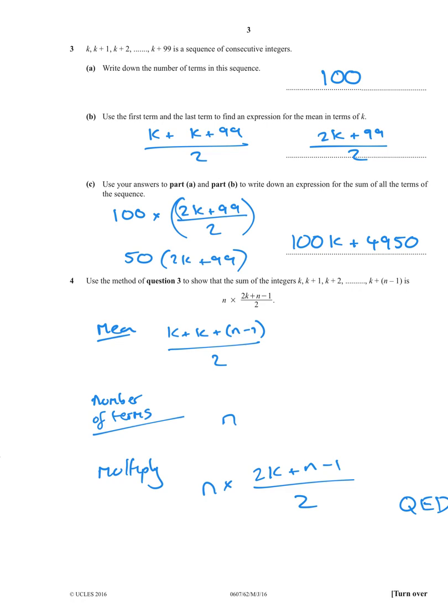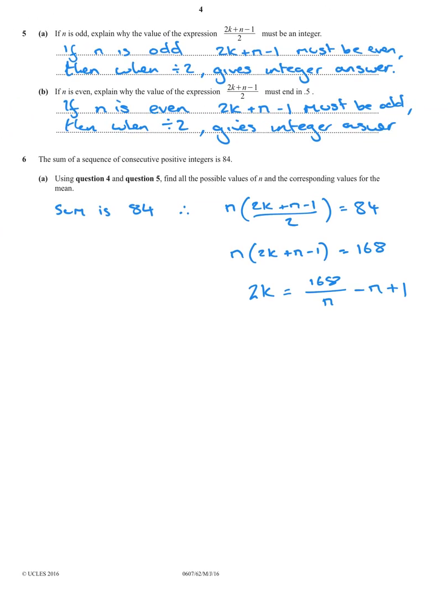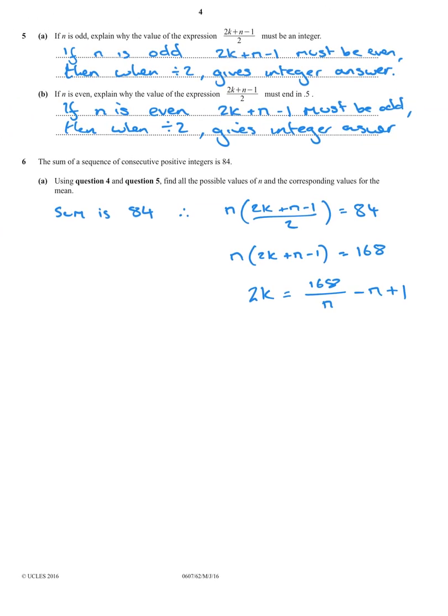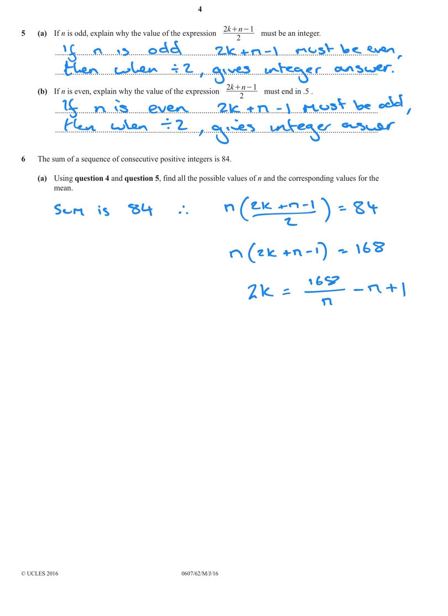So if I look at the expression that I've just made here, if k has to be an integer, then we need to think about the ideas of odds and evens, just like we did in part 5.